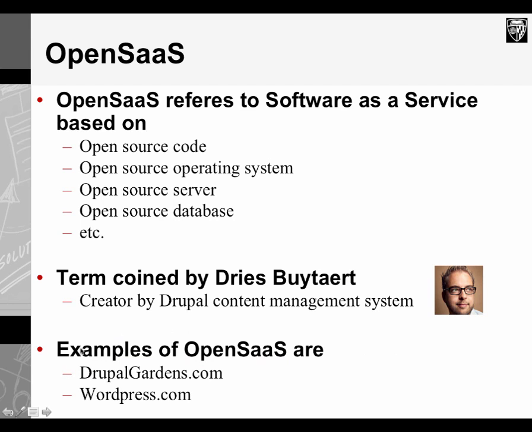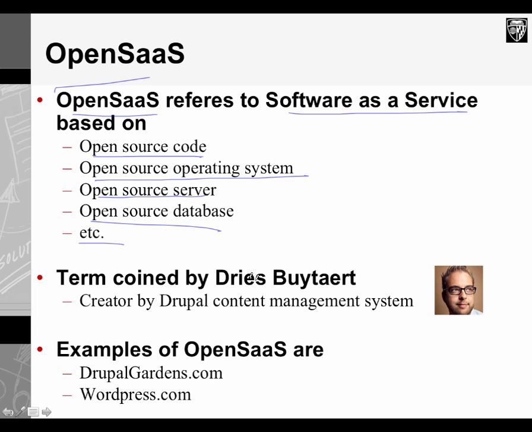And so that has led to this new definition of SaaS, or new theme of SaaS, called open SaaS. Open SaaS really is open software as a service, which refers to software as a service based on open source code, open source operating system, open source server, open source database, pretty much open source everything.